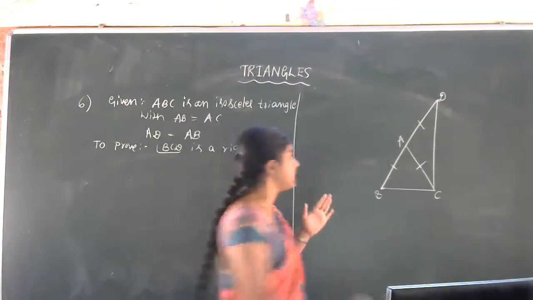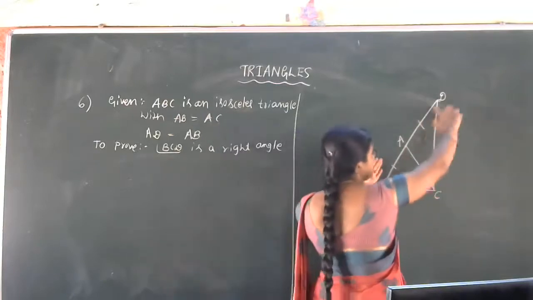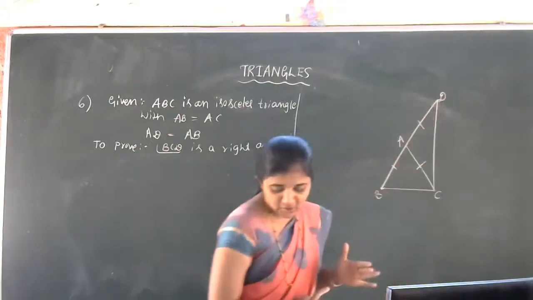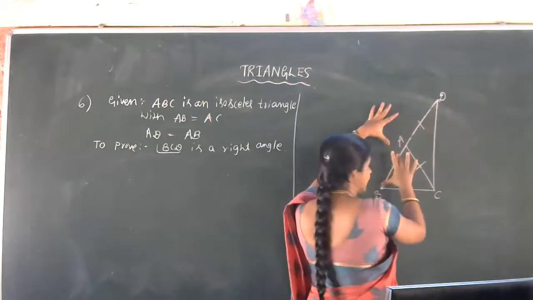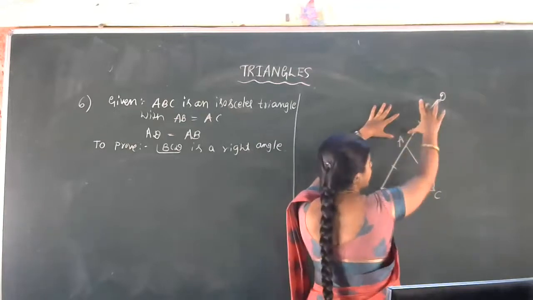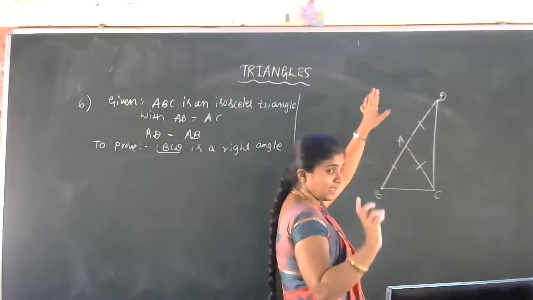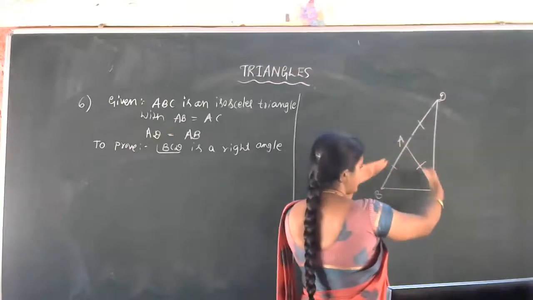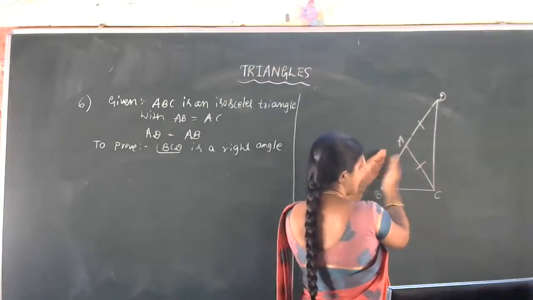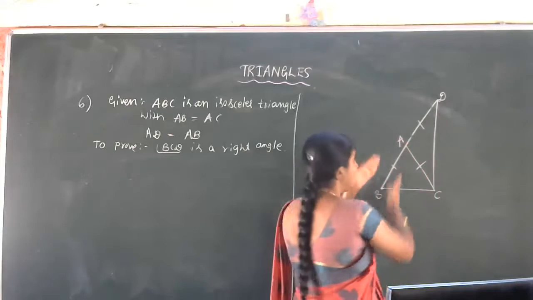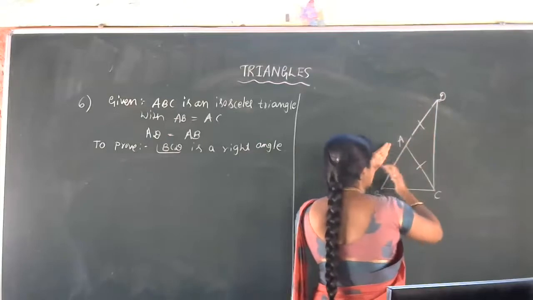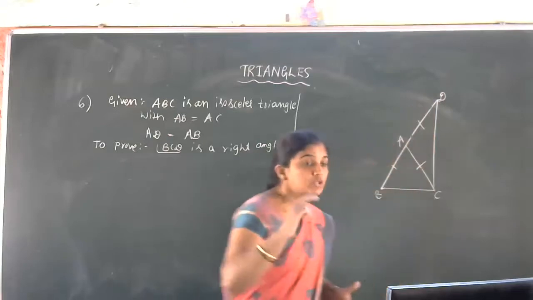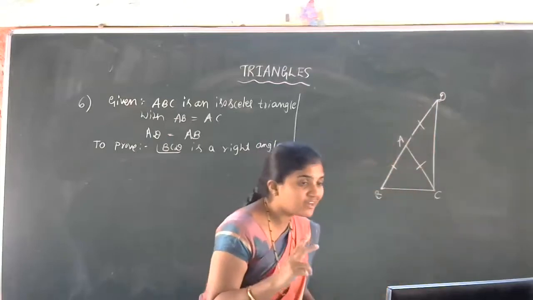Okay, so now what can we say? Triangle ADC is an isosceles triangle with AD equal to AC.